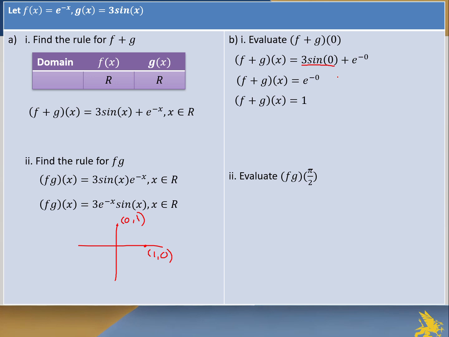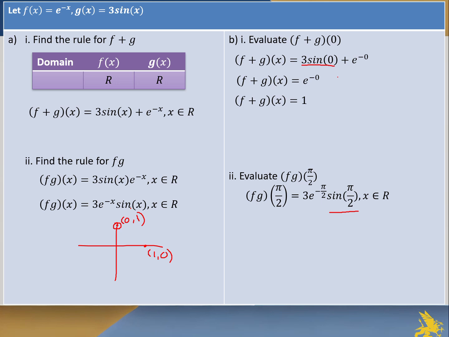If I look at evaluating fg for pi over 2, all I'm doing is substituting pi over 2 in. Looking at sine pi over 2, pi over 2 refers to 90 degrees on my unit circle. Sine there refers to the y-axis, and y is 1.